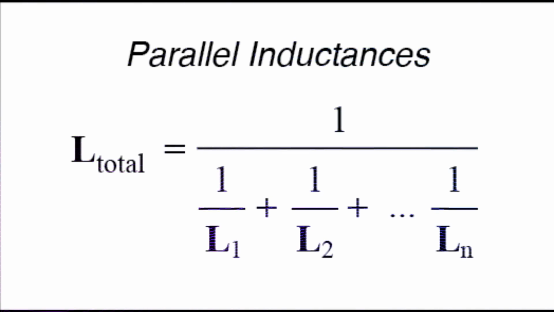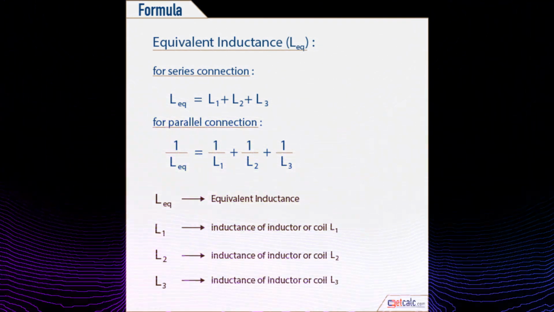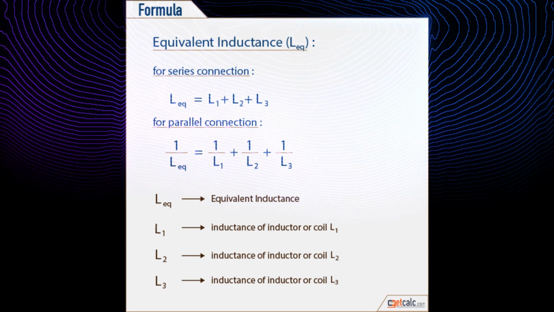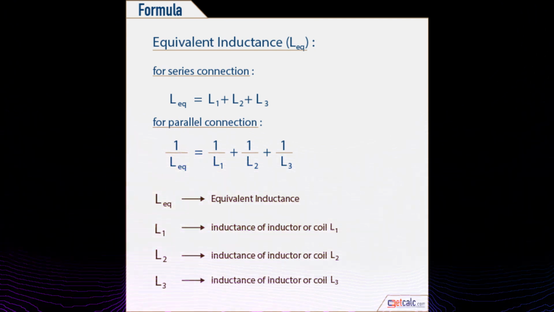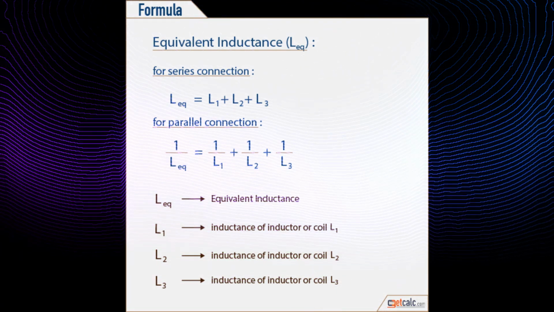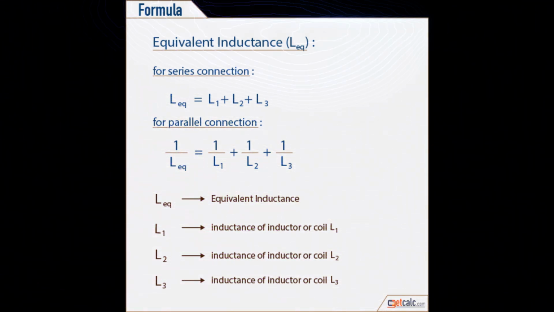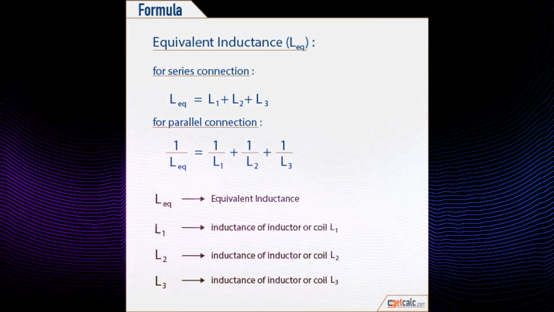The inductive reactance component in the circuit is 90 degrees out of phase with the resistive component. This relationship produces a right triangle. The total current limiting effect of the inductor is a combination of the inductive reactance and resistance.